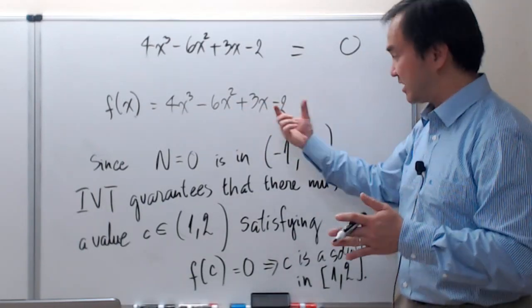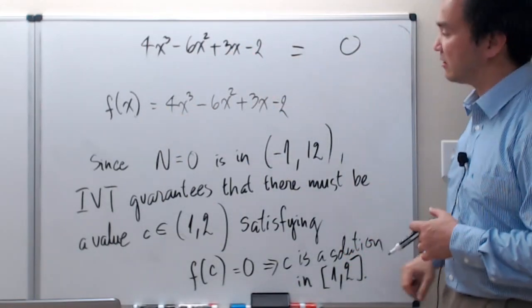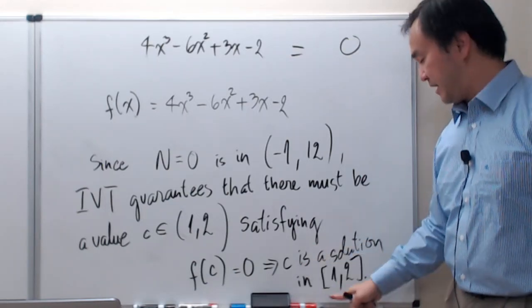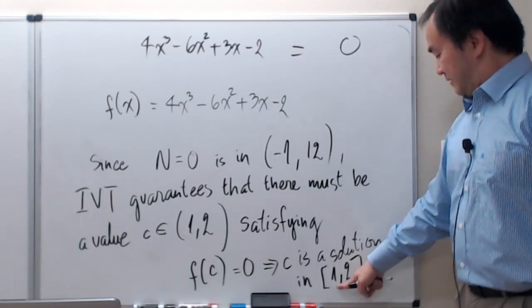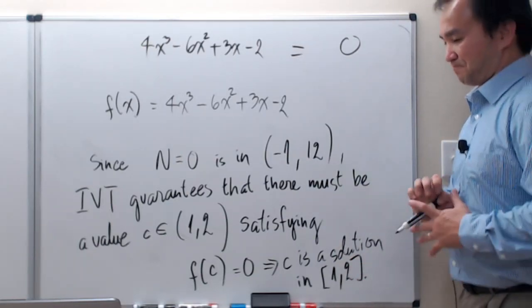In other words, c is the value that's making the left-hand side equal the right-hand side of our equation. And that is why I can now legally say that c is a solution inside of this interval from 1 to 2.